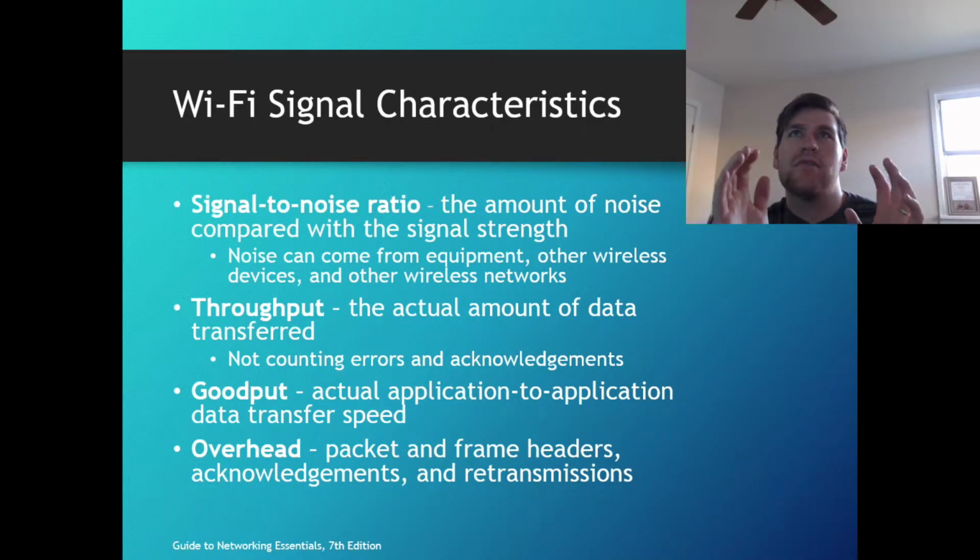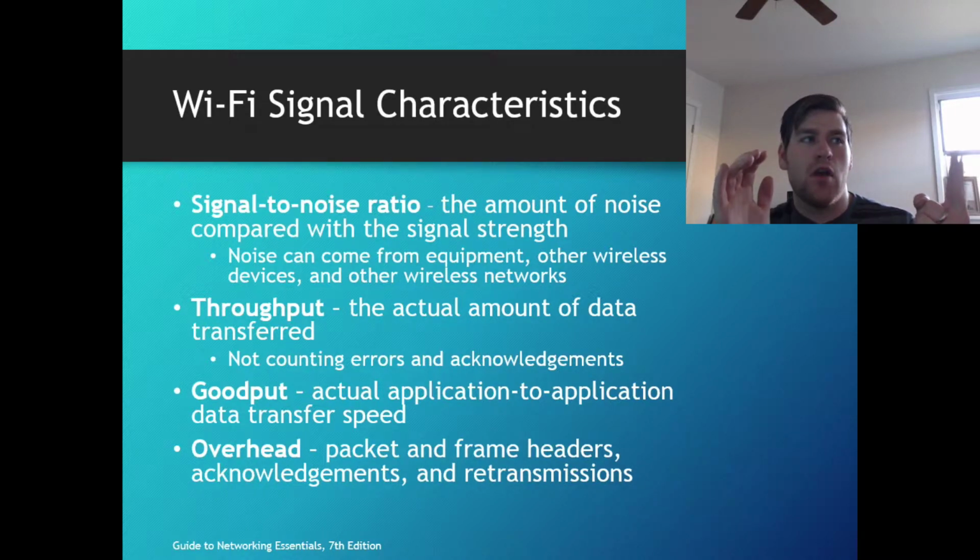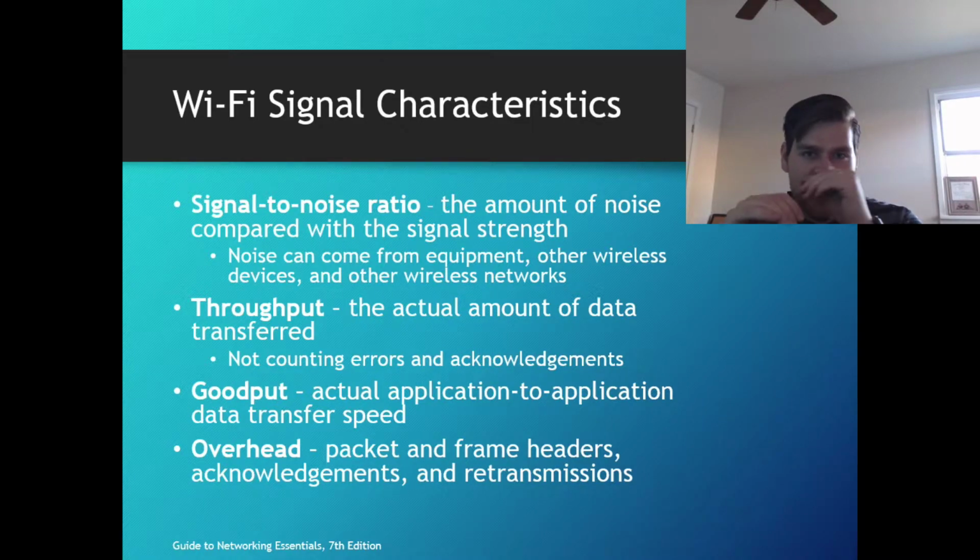So when we take the packet header off, what is that? 24 and 24 for source and destination MAC address or IP address on your packet header. So that's 48, another 48 taken off.